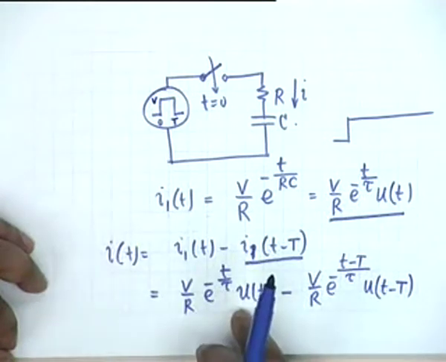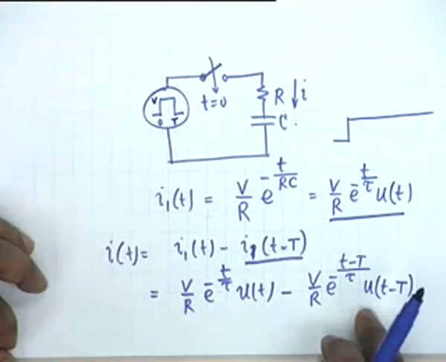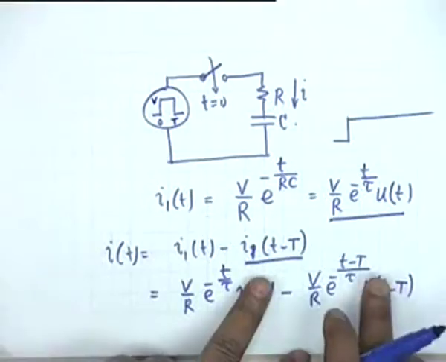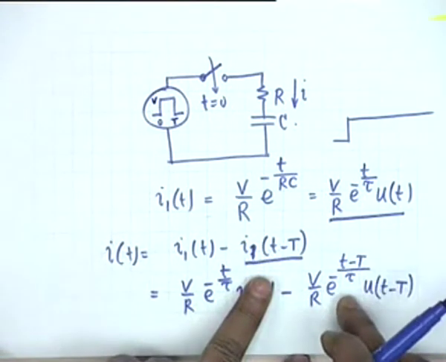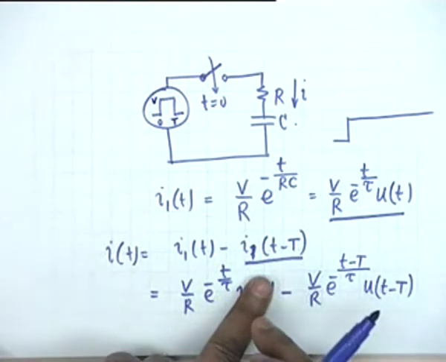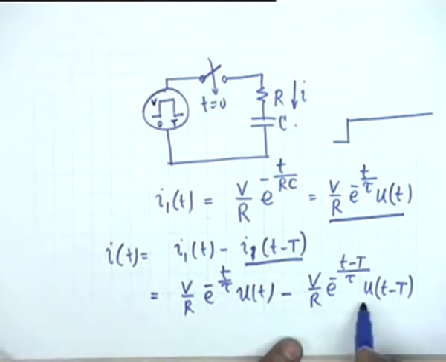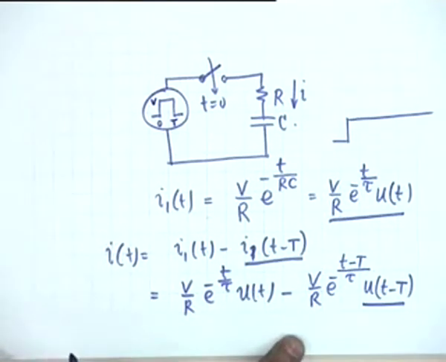I have found out the two responses independently. I could not write without u(t), because then the second term would have affected the response even for small t less than capital T. Isn't that right? And this is why I had to write t minus capital T. This function is unity only when small t is greater than or equal to capital T.